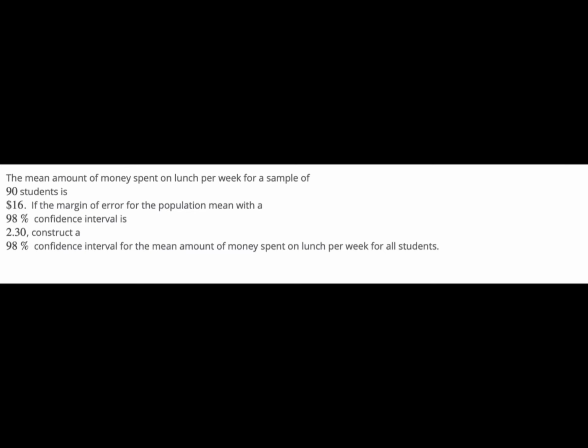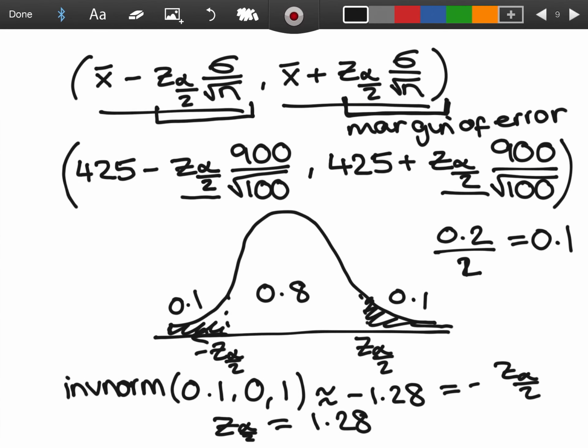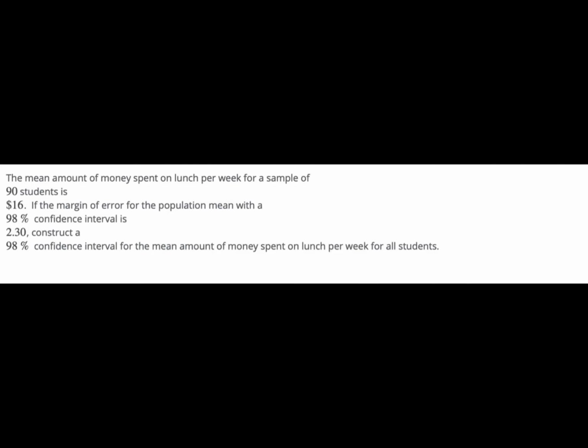So for our problem, we have been given a mean of $16 and this margin of error for that 98% confidence interval of 2.3. So if I take my sample mean of $16 and I add and subtract that margin of error from that value, I should get a 98% confidence interval.